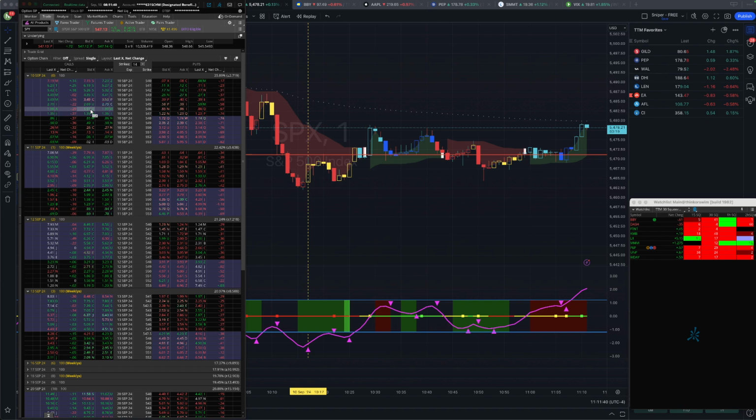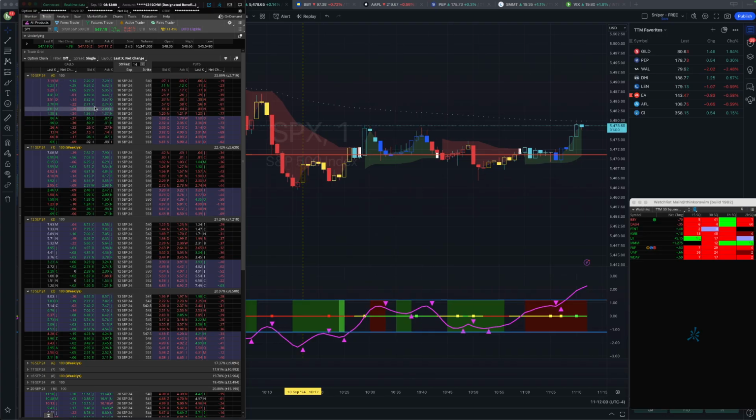Things like Apple, Nvidia, other names like that only have weekly expirations, and some names only have monthly expirations. The zero DTEs you can buy at the money here for $1.35 per contract.